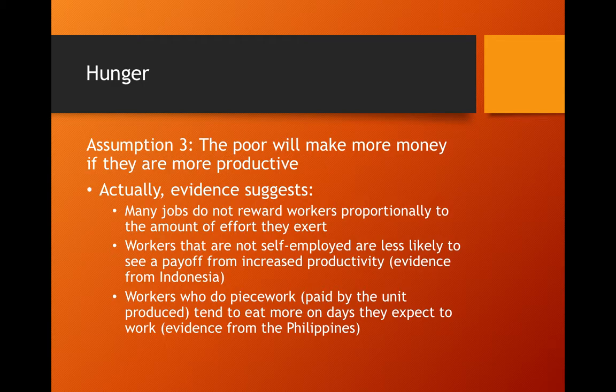So this suggests that this assumption holds true sometimes and not other times, right? So some kinds of work, people are rewarded for increased productivity, and other kinds they are not. And actually, this last piece of evidence from the Philippines suggests that the poor are aware of this.